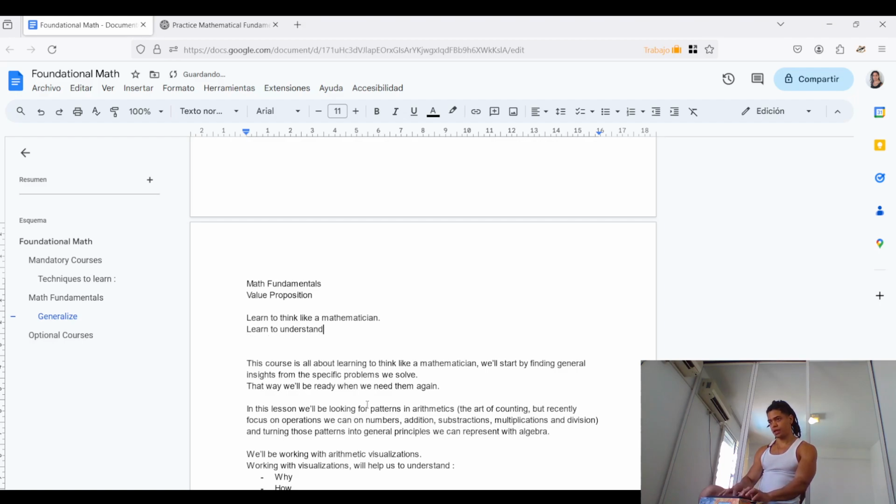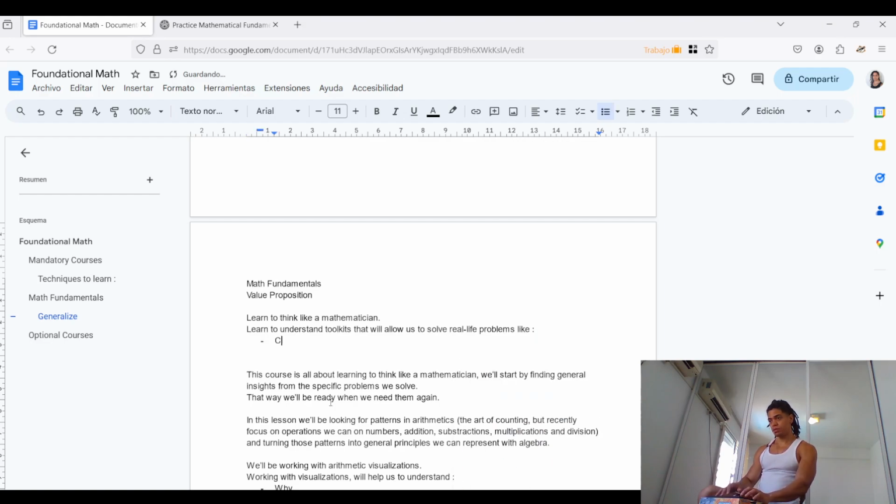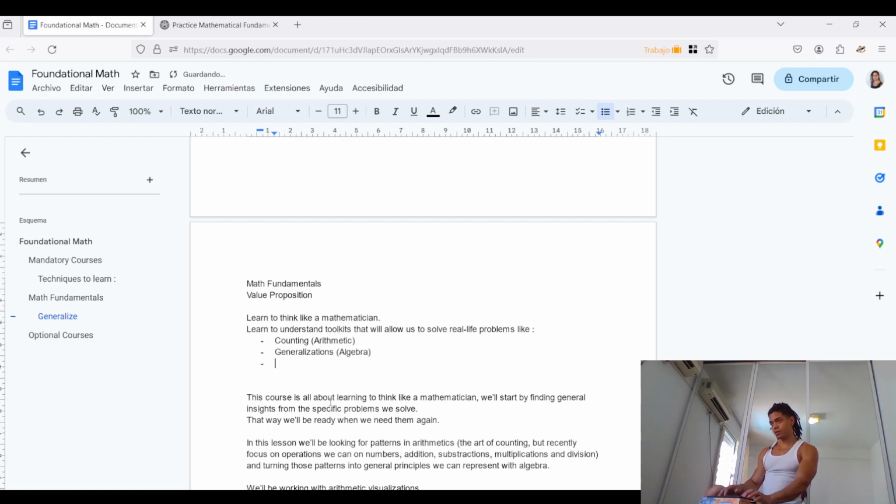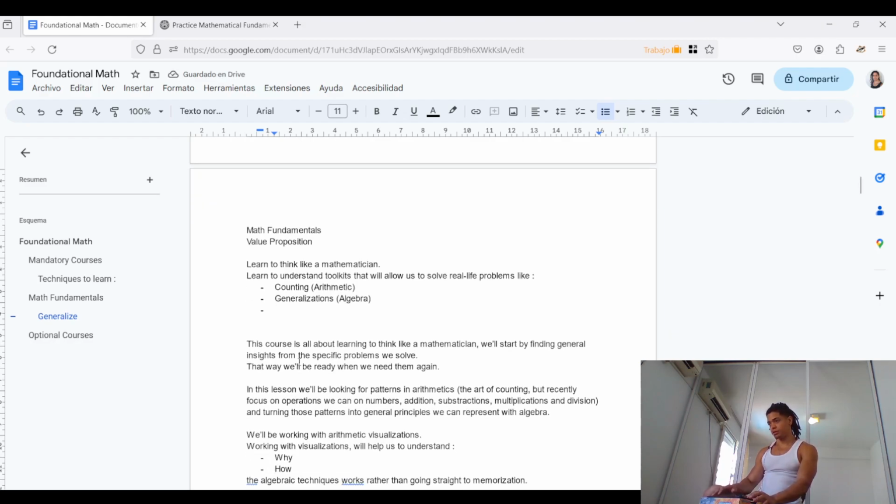Learn to understand basic toolkits that will allow us to solve real life problems, like counting or arithmetic, and generalization, so algebra.